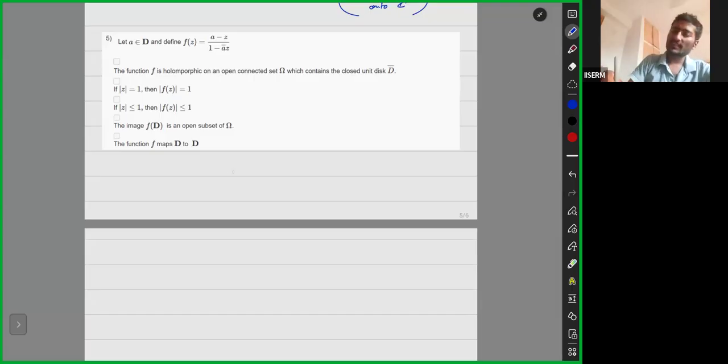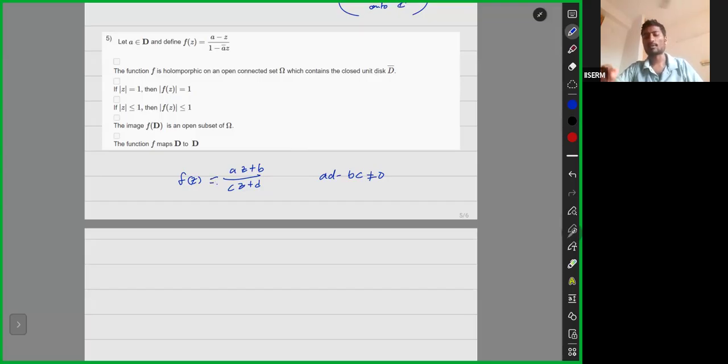This function is az plus b over cz plus d, where ad minus bc is non-zero. A special rational function it is. I don't remember the name right now, but for this we have seen some exercise problems with similar statements.